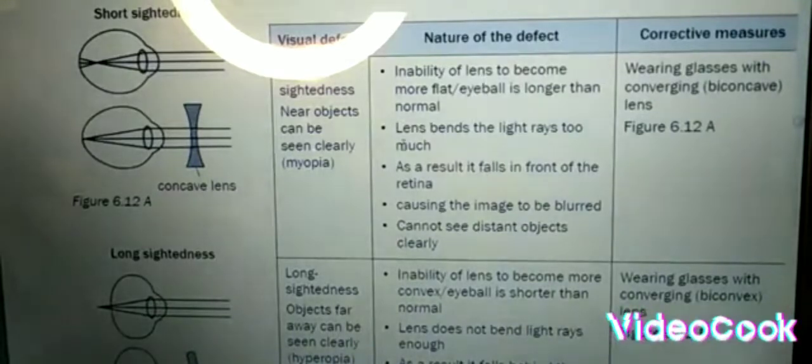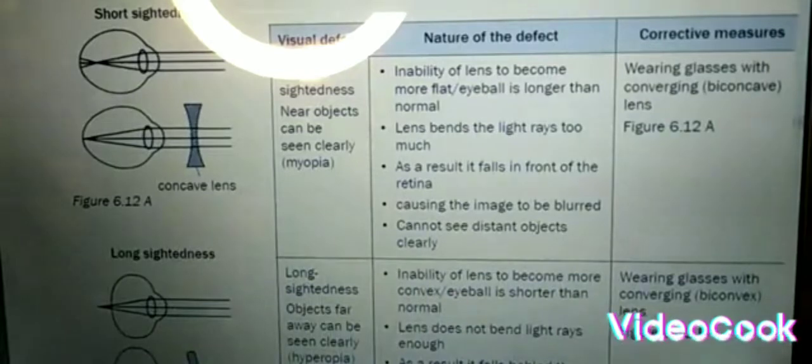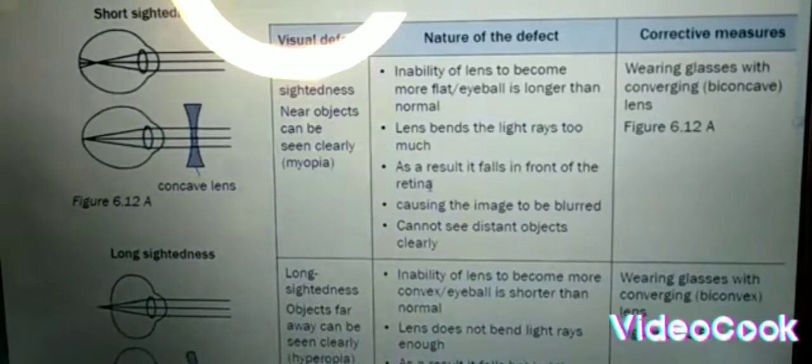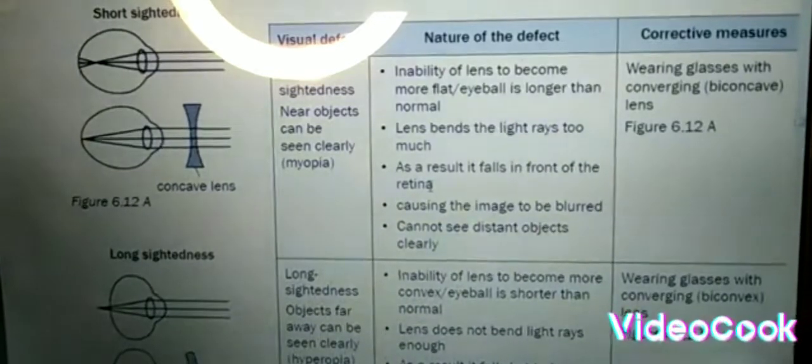Here the lens bends the light rays too much. As a result, the light falls in front of the retina instead of reaching the retina.